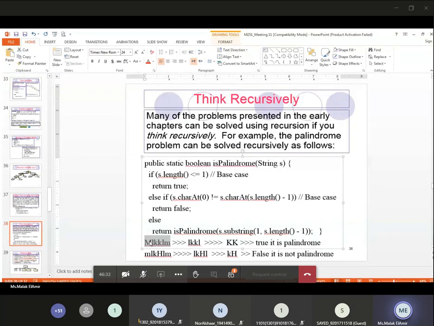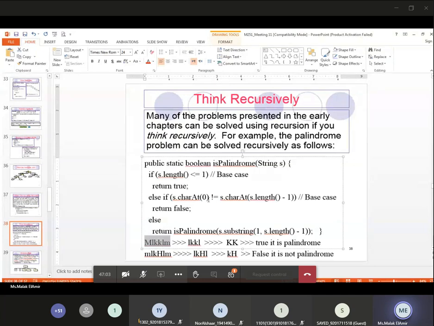So L K K L. Again I call myself. How many characters do we have? L K K L gives me 4. Is 4 less than or equal to 1? No. So if L, which is charAt 0, is not equal to charAt length minus 1, which is 3, L is equal to L, yes. But here I'm checking is not equal.